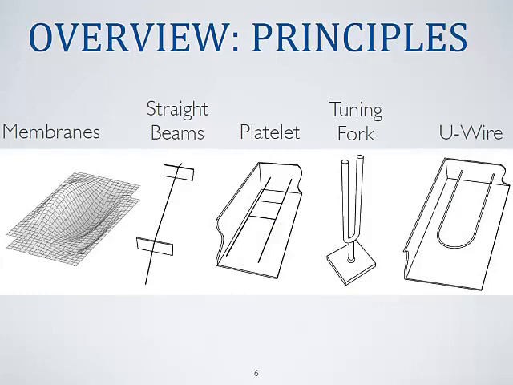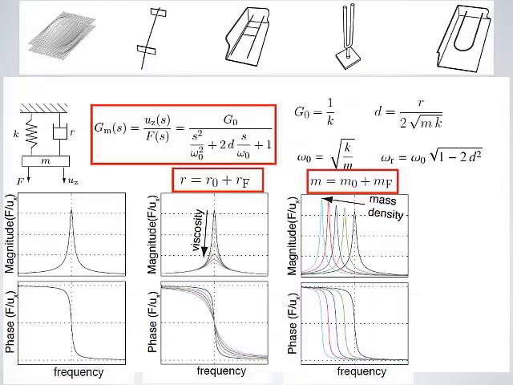This is an overview of principles we looked at in the past. We had oscillating membranes, straight beams or straight wires, shear oscillating platelets, tuning forks, and such U-shaped wire, we call it U-shaped wire, which should come close to a single clamped structure.